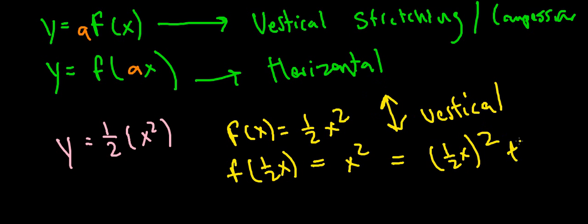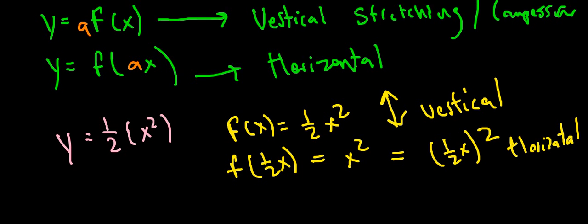So this is a horizontal. This is a key difference. In one, we're having the function multiplied by some number, and in the other example, we have the x value times some number being inserted into the function.